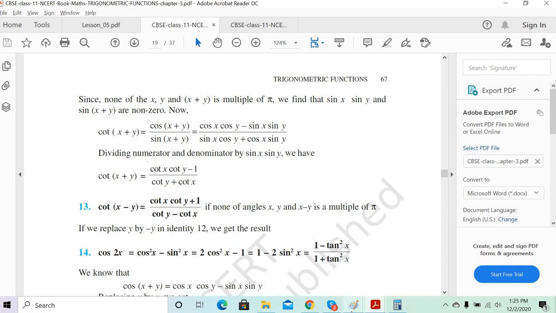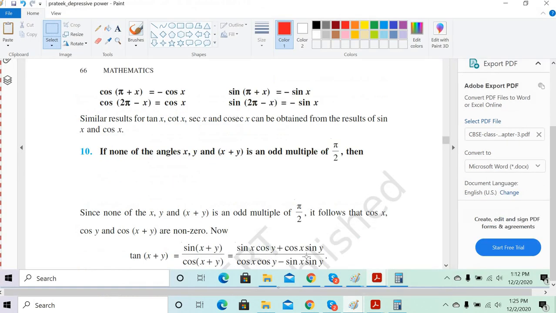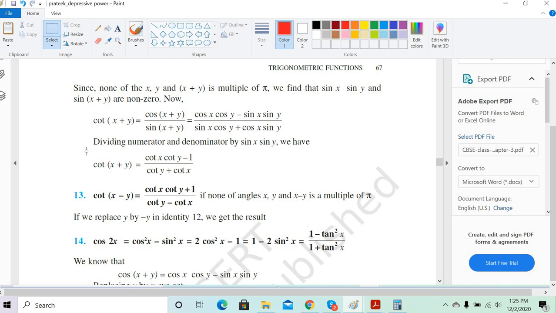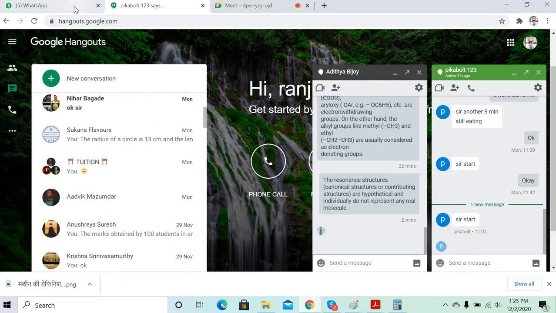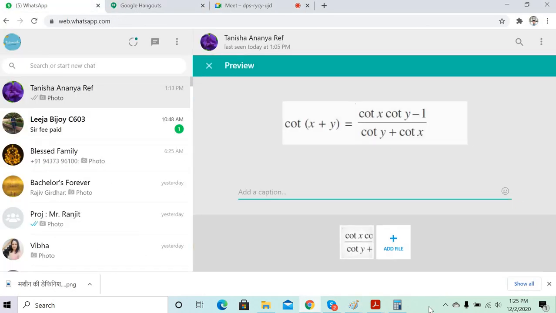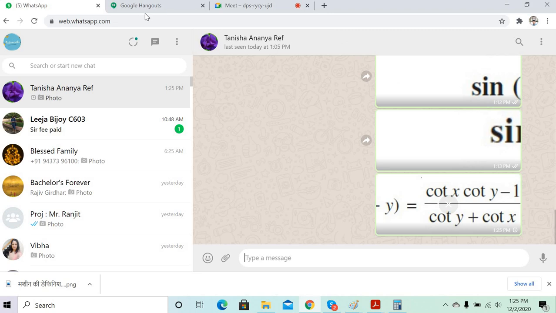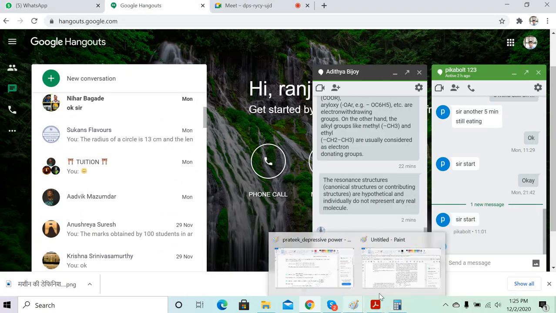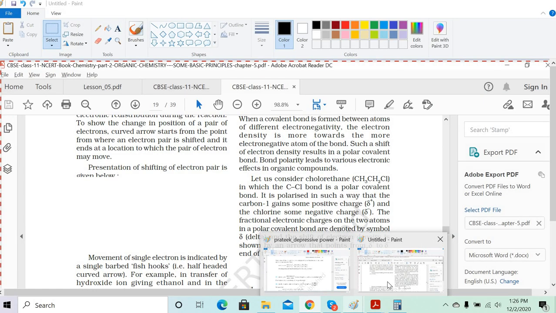Is your cot x plus y formula correct? I think somewhere, if cot x plus y is correct, then it will be... Cot y minus... No, it was cot y plus cot x. So that's where it went wrong. So after changing that, I got the final result cot x cot y plus 1 divided by cot y minus cot x.